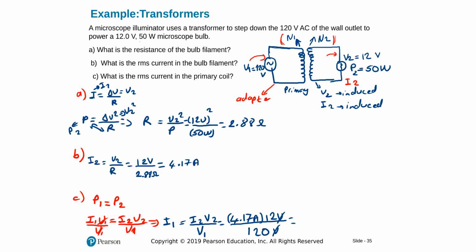We cancel volts. Amperes is left, and the answer is 0.417 amperes, or about 0.42 amperes. Alright, that's it. These two questions are primarily good examples of showing us how much we need to know about AC current, power, and transformers.